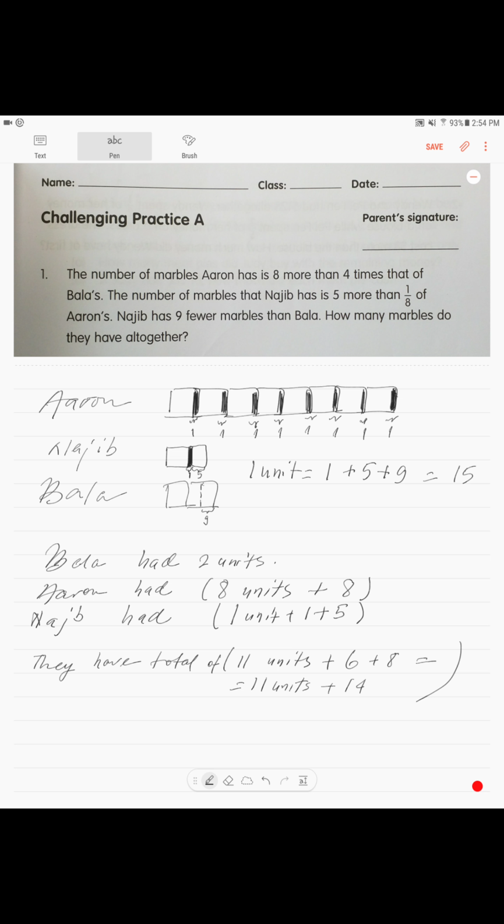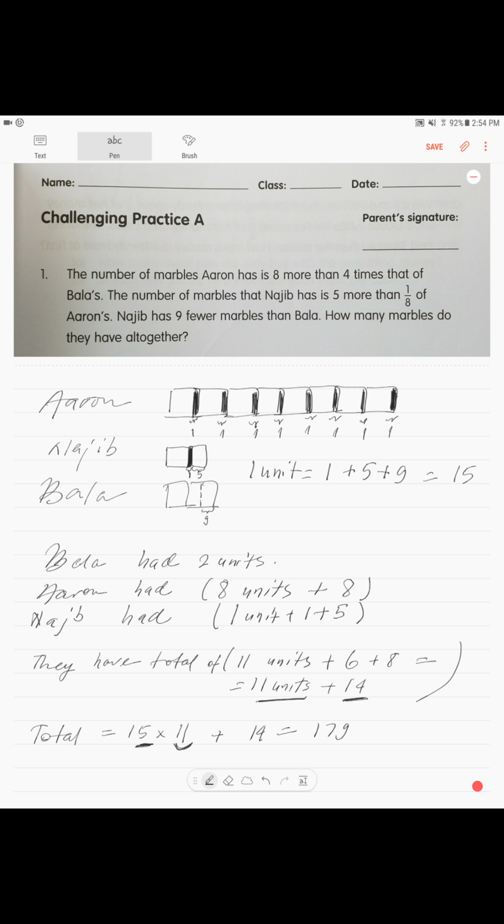Our total is 15 times 11, 11 units times 15 for 1 unit, plus 14, which is 179.